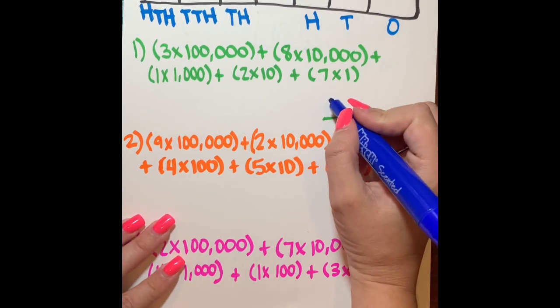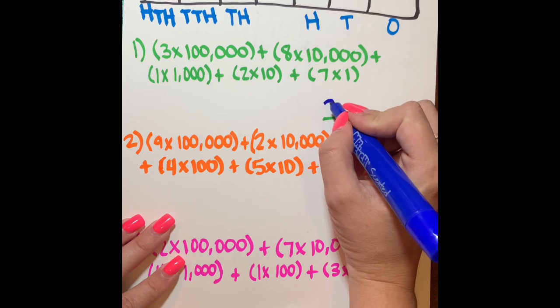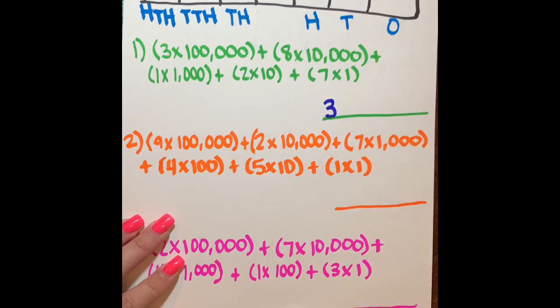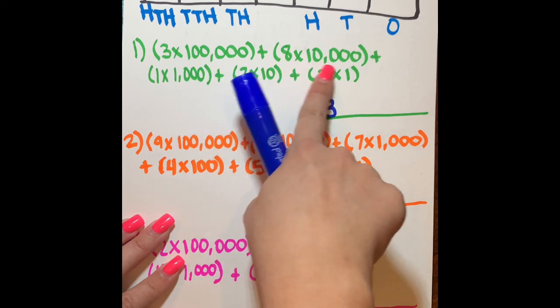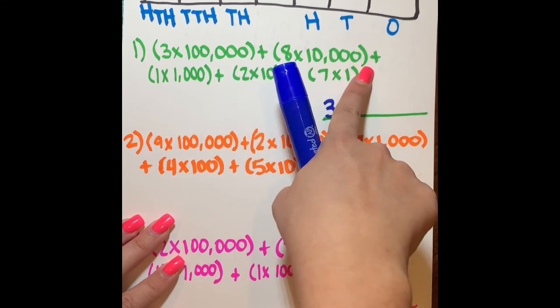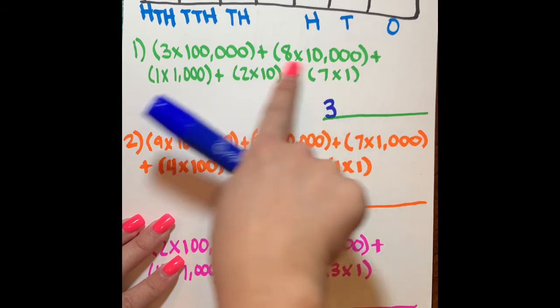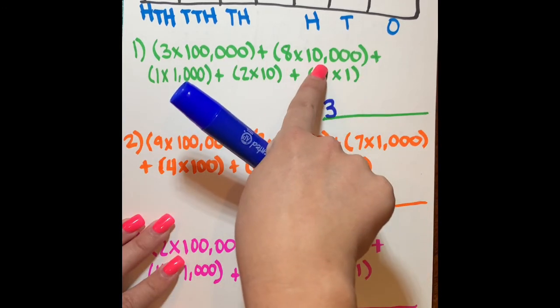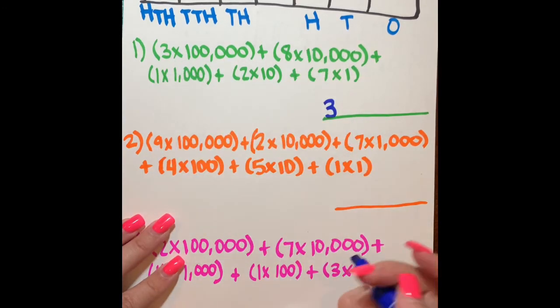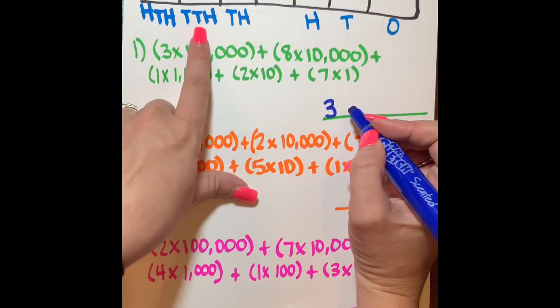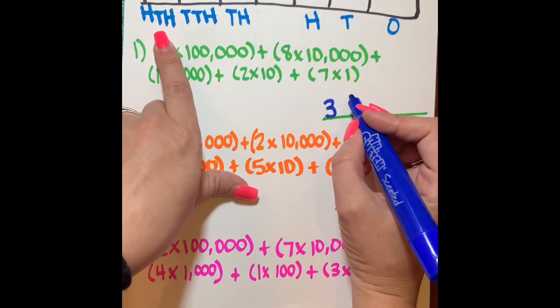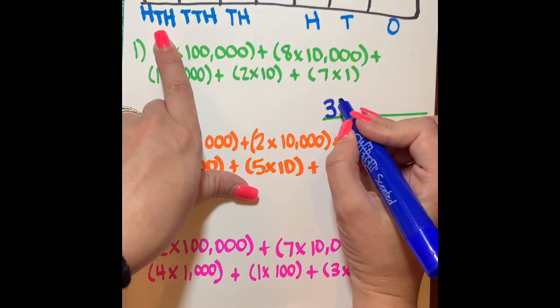So I know that's gonna be my highest number, and it's gonna be a 3, okay? Now I have an 8. An 8 is telling me it's in the 10,000 spot. If you're not sure, you can do the whole trick of ones, tens, hundreds, thousands, 10,000s. That's where it ends. So I know that 10,000s is going to go right next to my 100,000s. And so I'm going to put an 8.